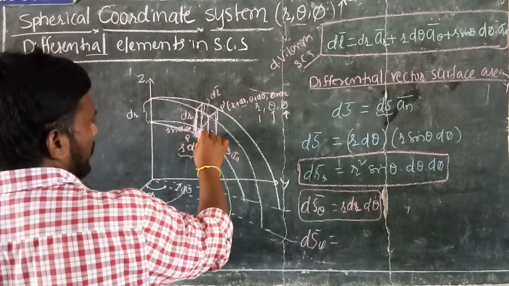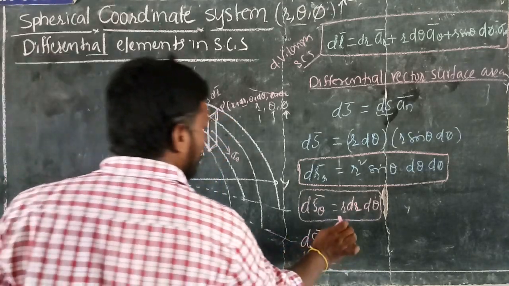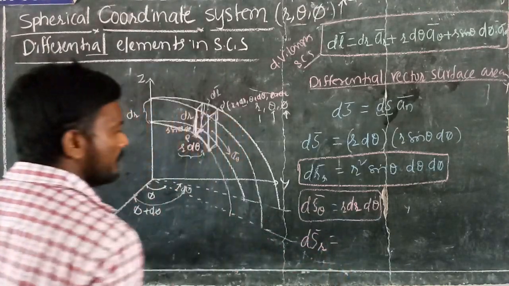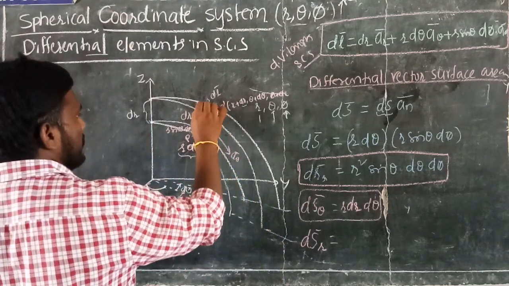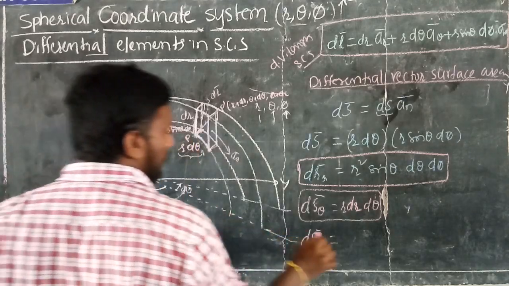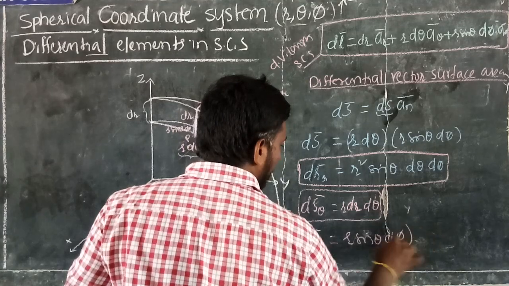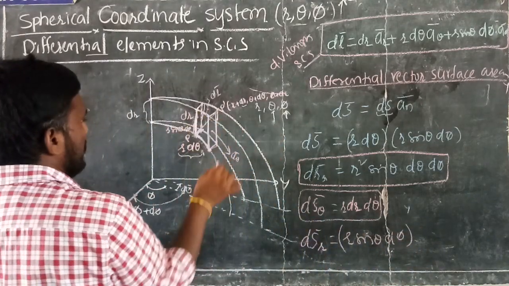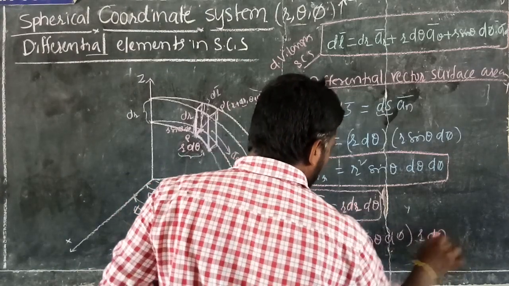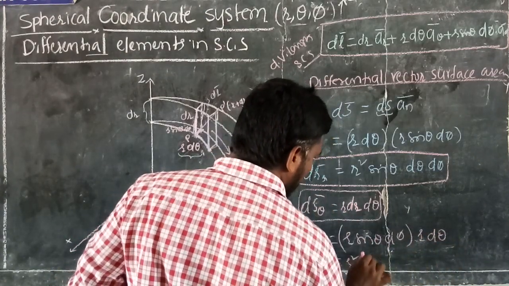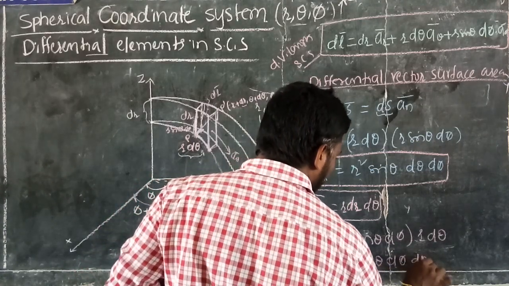This is the a_phi direction, and the a_r direction is this one. That means the top and bottom surfaces are perpendicular to the sphere surface. So the length and breadth of the surface are r sin theta d phi and r d theta. That means it becomes r square sin theta d theta d phi.